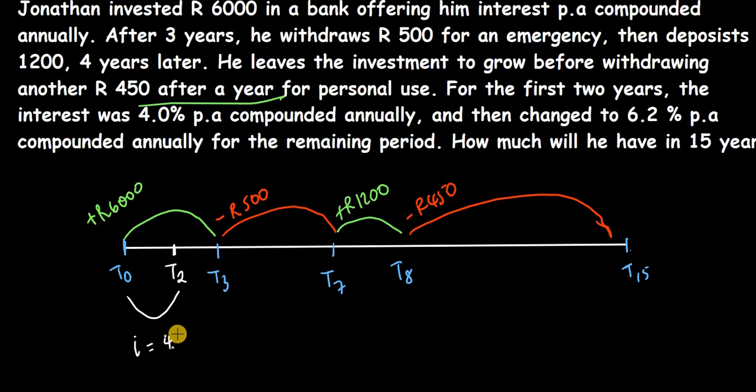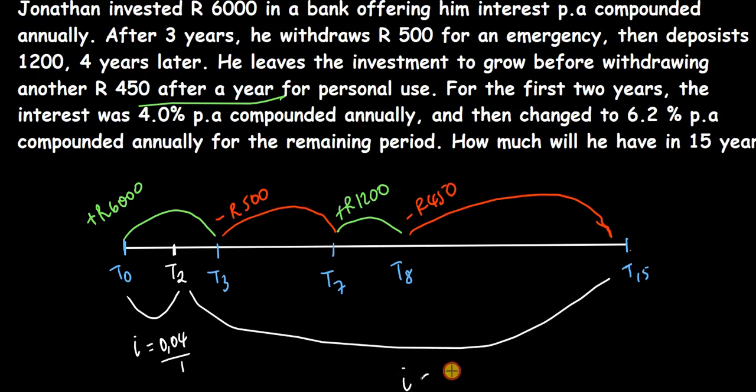Was 4%, which means 0.04, divided by 1 because it was compounded annually. Then it changed for the remaining period, meaning from T2 to T15 the interest now changed to 6.2%, which is 0.062, per annum. Okay, so this is what we have now.